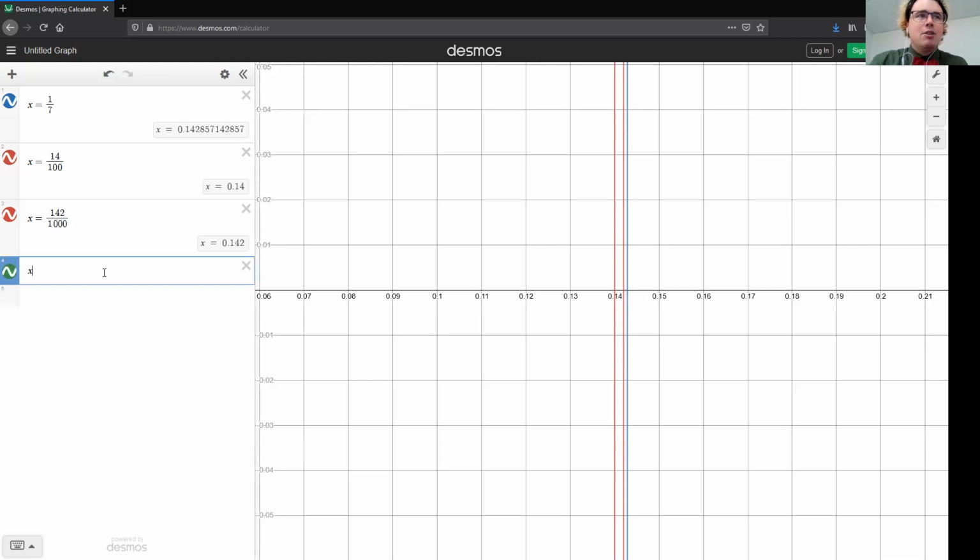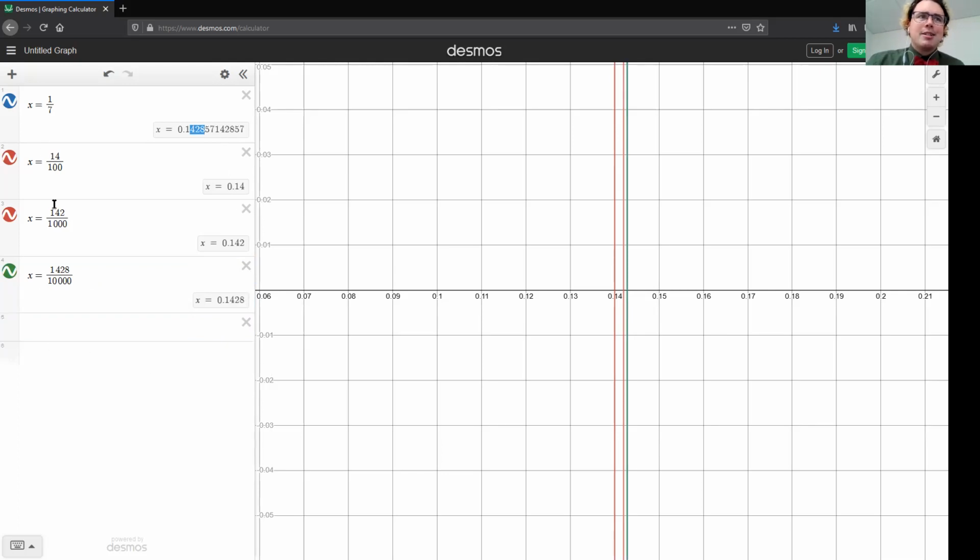I could continue to put in more digits here. Let's say x is 1428 on 10,000. That's what it means to be a decimal of 0.1428, and so on. I'm just getting all of these, by the way, by reading off the first couple of digits of 1/7.